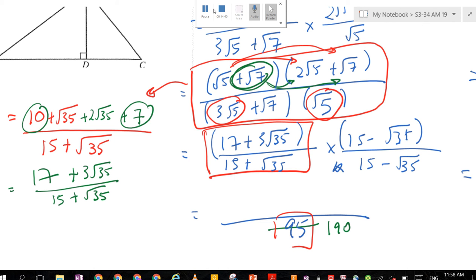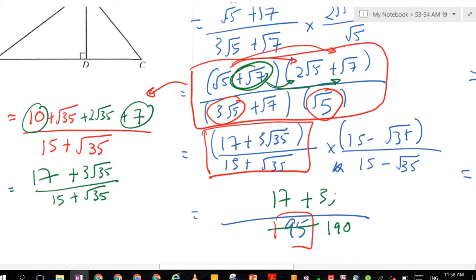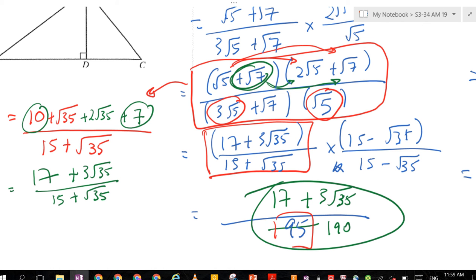Start listening, stop talking. Now, I have 190 here. So the top will be 17 plus 3 root 35. Kunz, is it correct now? Yeah. 10? 10, good.